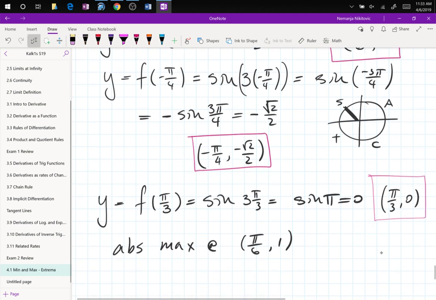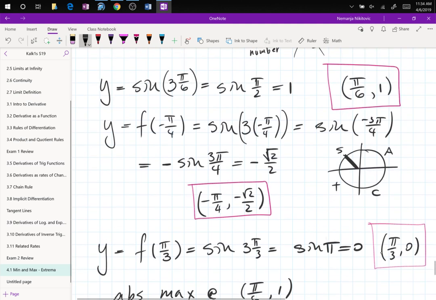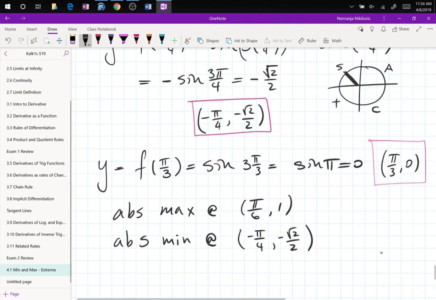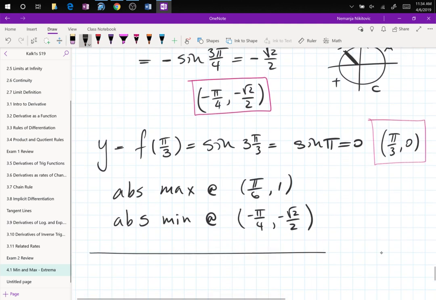Obviously the lowest y value must be at the negative number, the only negative number you have, so the absolute minimum is going to be at negative pi over 4, negative root 2 over 2. A little bit busy with trig, right? So what do we need to review? How to solve trig equations.